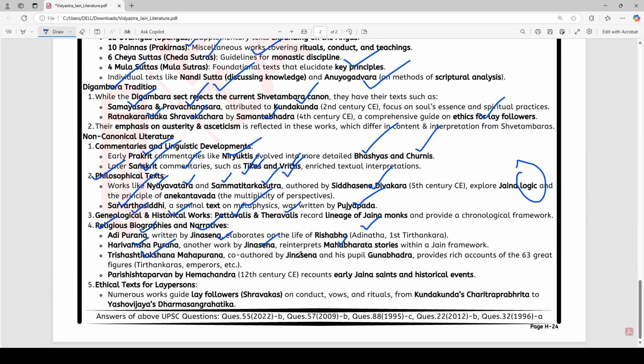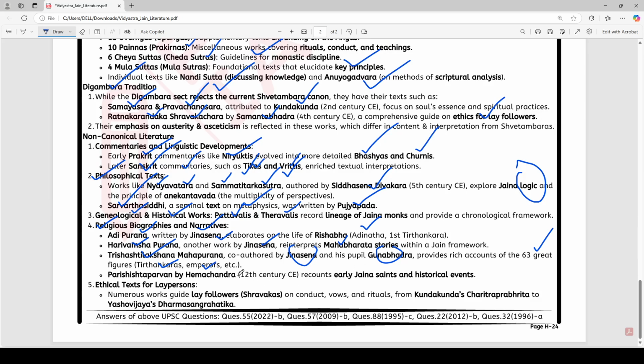Okay. Then we next move to this, which I talked about, Trishasti Lakshana Mahapuran. Trishasti means 63. Lakshana means attributes, means a Puran, a work consisting of 63 attributes. You can see 63 great figures, Tirthankars, emperors, and this was written by Jinasena and Gunabhadra.